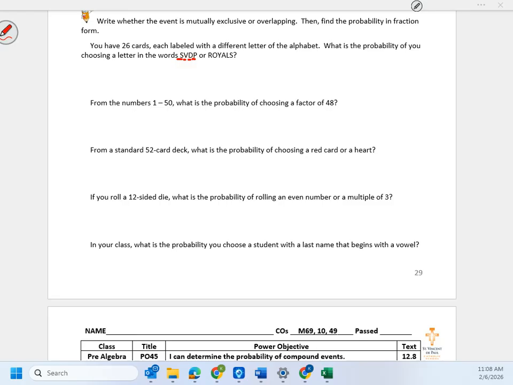Royals, uh-oh, I see an S here and an S here. That's overlapping, because they share that S in common. I can only count that S how many times? One time. So when I count how many successful outcomes there are, there's 1, 2, 3, 4, 5, 6, 7, 8, 9. So I'm going to write overlapping, because that S is shared in common.